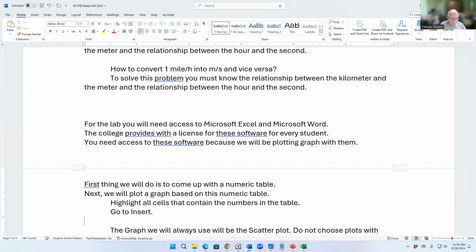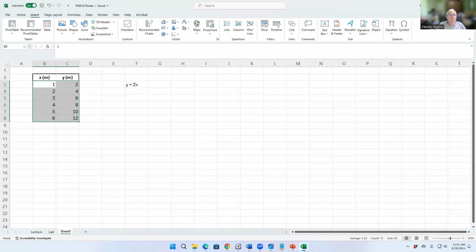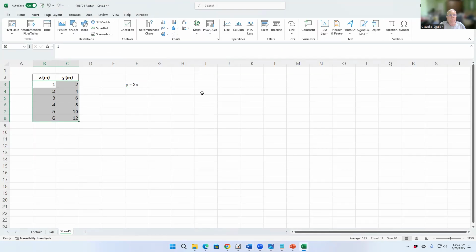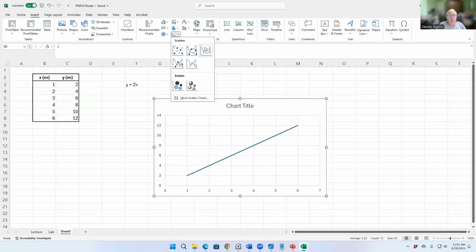Go to insert, look for charts, and then look for scatter plot. Select scatter plot. Then bring down your arrow and you have all those options of scatter plot.